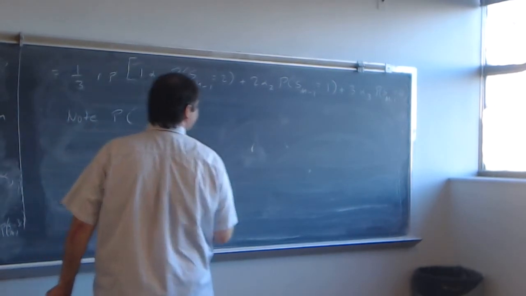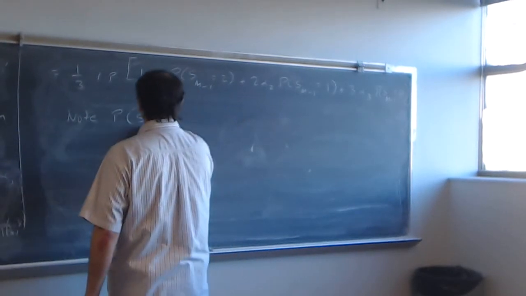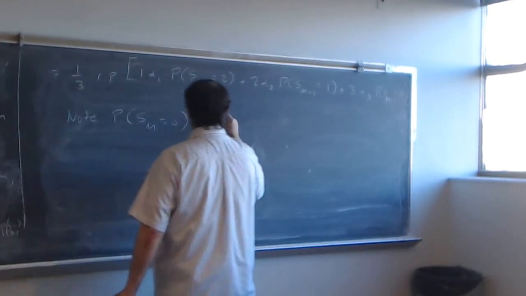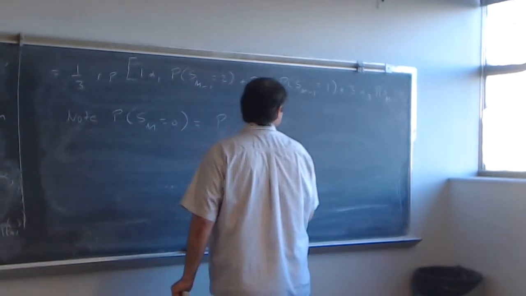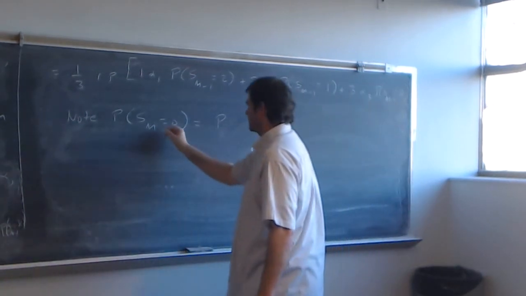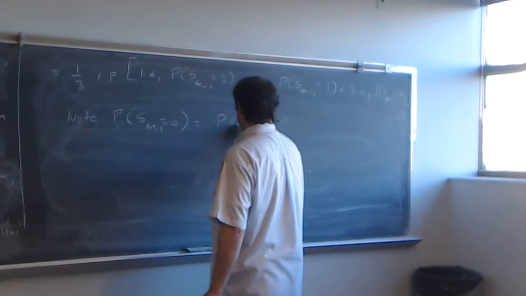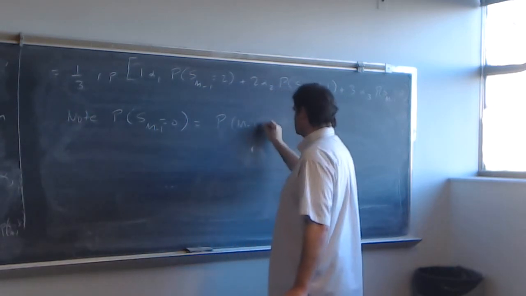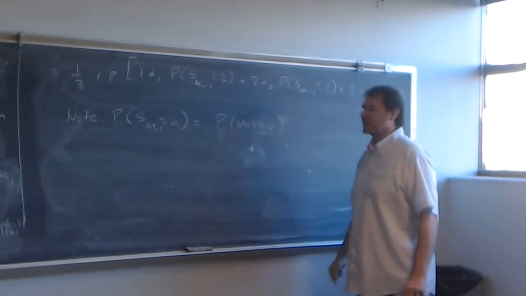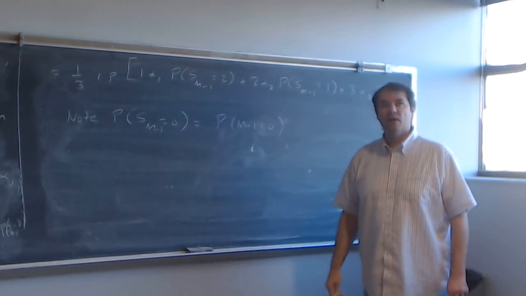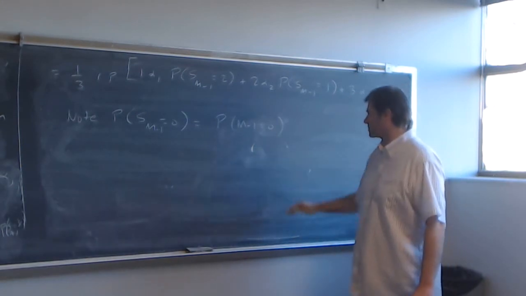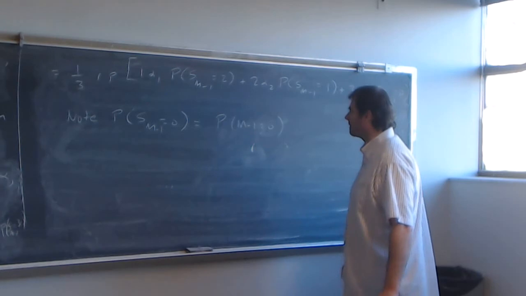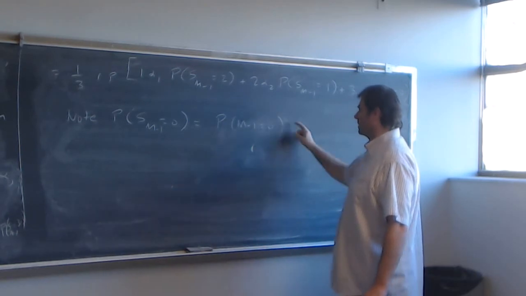So here, the probability that S of n equals 0. It shouldn't say n, it should say n minus 1. That's the probability that n minus 1 equals 0. Okay. What do I know about n minus 1? It is a binomial with parameters r minus 1 and p.